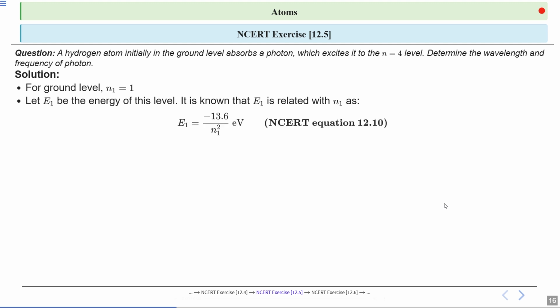So let's substitute n1 equal to 1 in the formula. The formula is E1 equal to minus 13.6 upon n1 squared electron volt. This is NCERT equation 12.10. So by substituting n1 equal to 1, we get E1 equal to minus 13.6 upon 1 squared, which gives minus 13.6 electron volts.